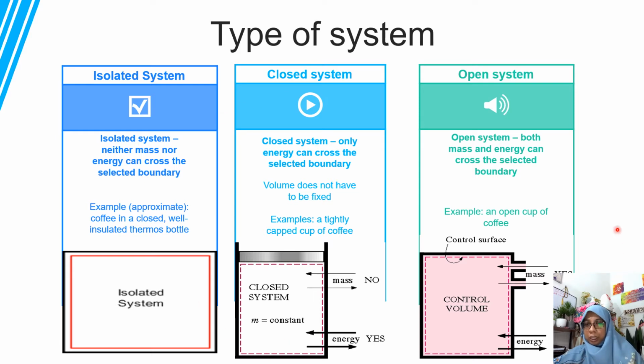For an open system, both mass and energy can cross the selected boundary. So mass and energy can go out and come in. For example, an open cup of coffee. When mass can go in and out in an open system, we also call it a control volume. For a closed system the mass is constant, while for an open system the volume is constant.